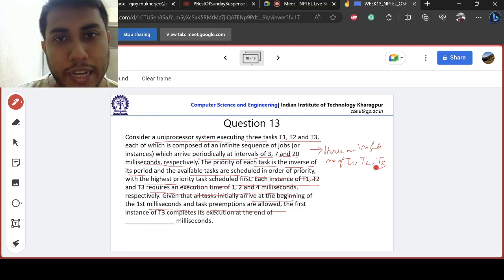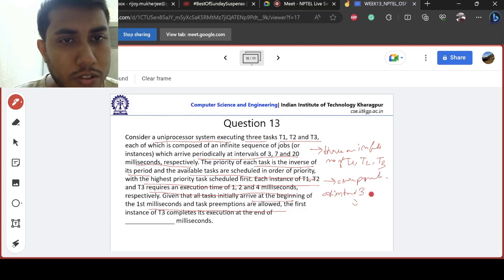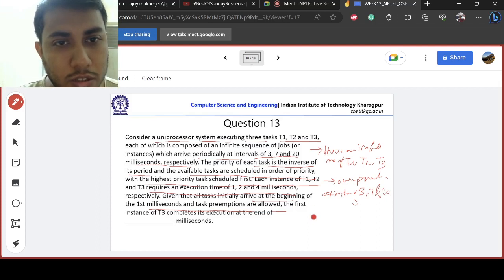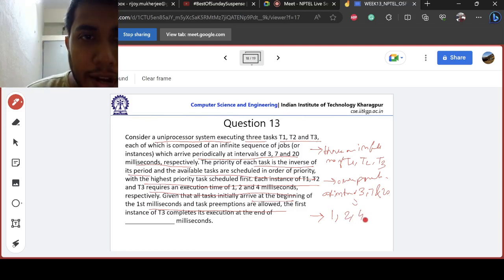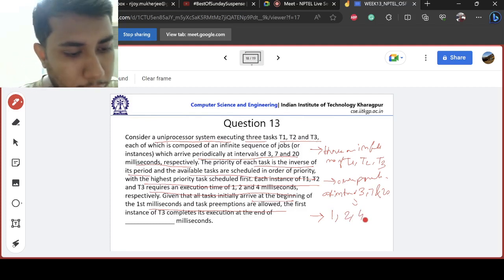And they arrive periodically at intervals of 3, 7, and 20, right? They require execution times of 1, 2, and 4, and the priority of each task is the inverse of its period.